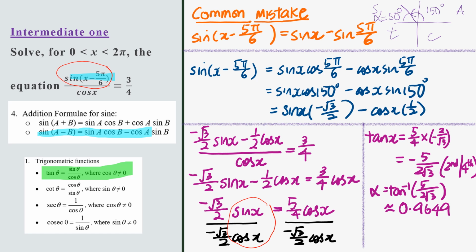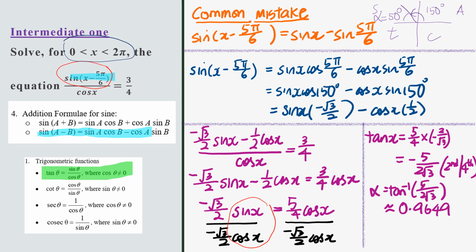If you look at the question, you're supposed to leave your answer in terms of radian. So remember to convert the mode in your calculator to radian mode before we evaluate tangent inverse of 5 over 2 square root 3.